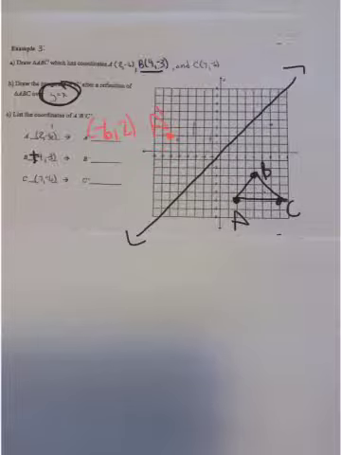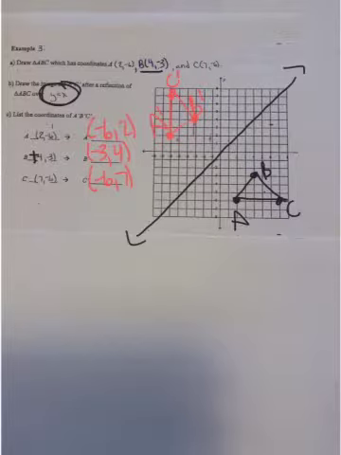Point B was at positive 4, negative 3, so the negative 3 comes first, then the positive 4: left 3 and up 4 for B prime. C is at 7, negative 6, so we flip-flop those: negative 6 first, then positive 7, left 6 and up 7. That puts us up here for C prime. Connect, and there's our reflection on y equals x.